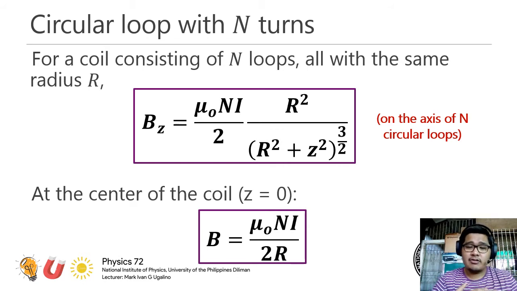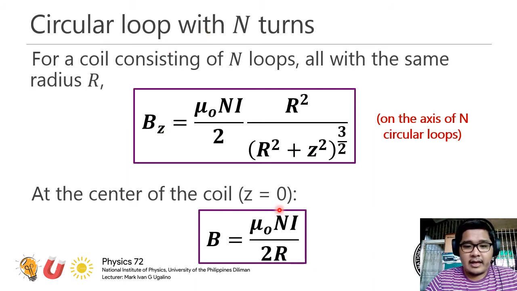We will use that example for Ampere's law. Now, of course, we can generalize this. As I have said earlier, we just have to multiply the previous expression that we have obtained by n, therefore giving us the effective magnetic field, Bz.